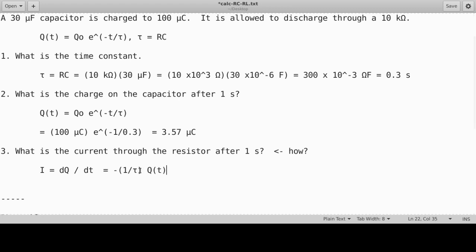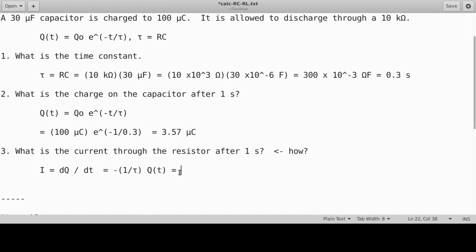I is equal to dq by dt, but if you differentiate the exponential, you get the exponential back again with the minus 1 over tau. And so it's as easy as plugging into this. You might have even been able to figure that out by reading the notes, but it's good to see this at least once worked out for you.